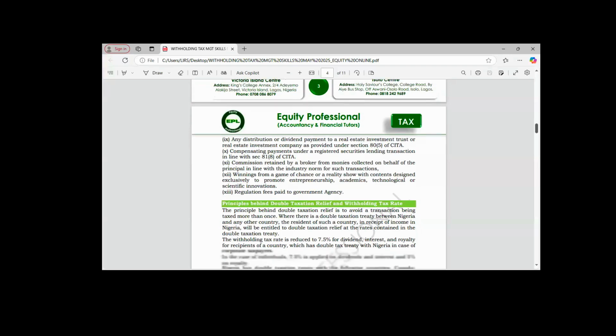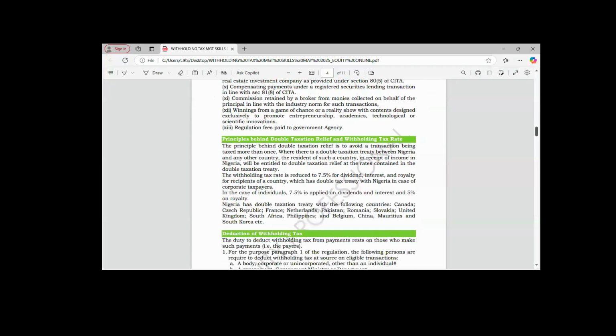So this withholding tax applies whether you are resident or not. Non-resident people, either individual or company, are also subject to this withholding tax.